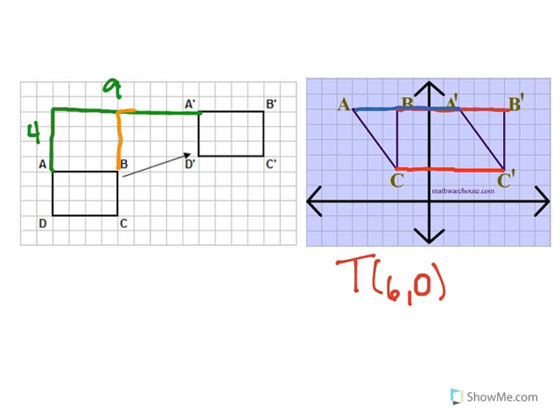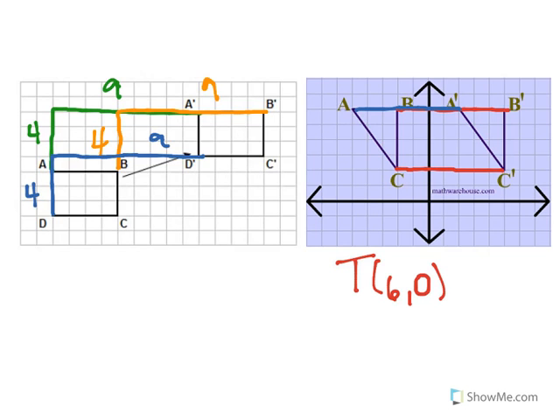Again, it did the same thing. We went right 9 and we went up 4. And you can check all of your points to see that they've done that. Again, we went up 4 and we went right 9.